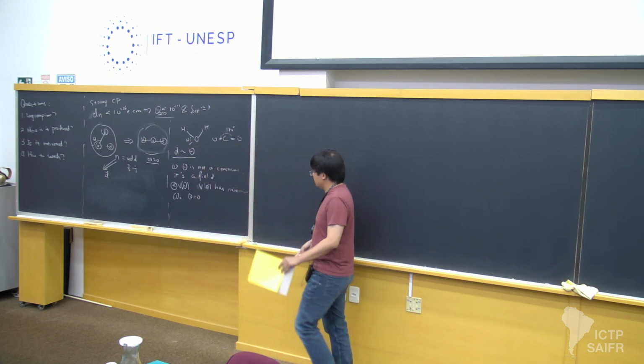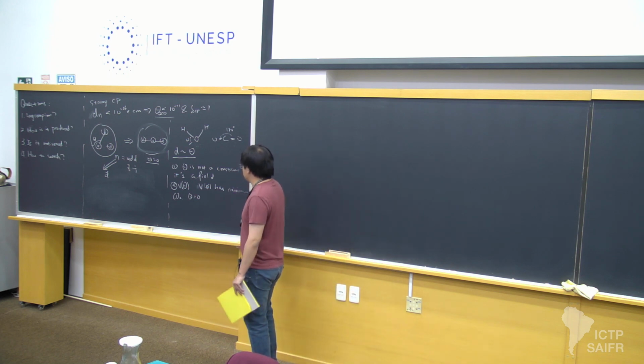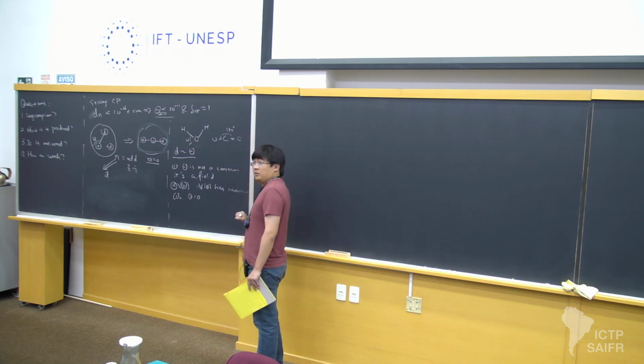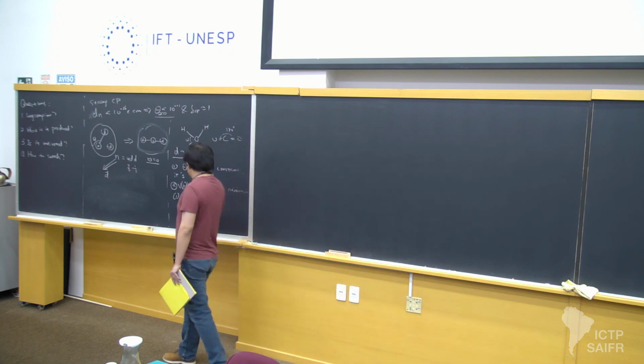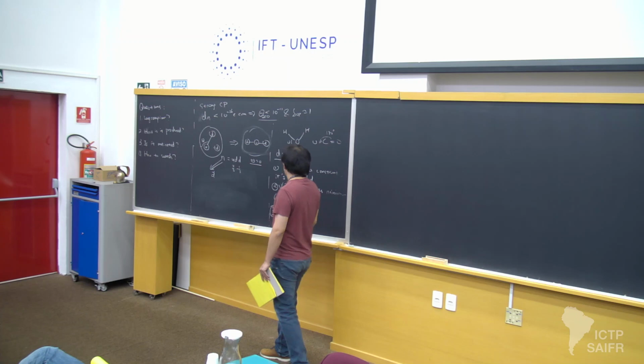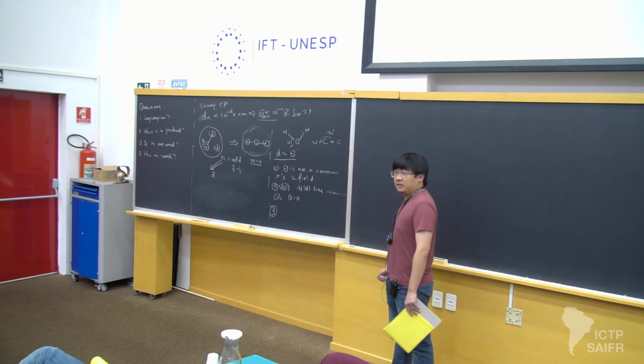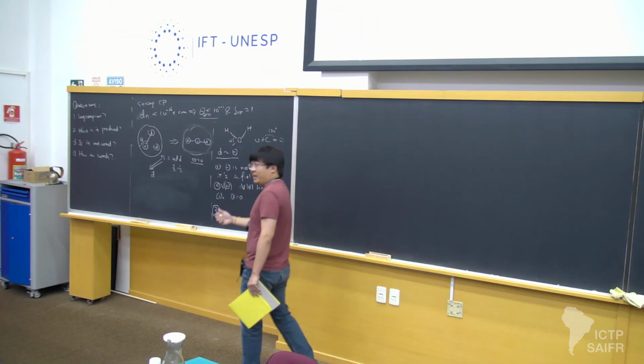Okay, so this is what happens for my molecules. Now the third thing that we know from molecules is, as I said, if I bend the molecule, it wants to go back, right?